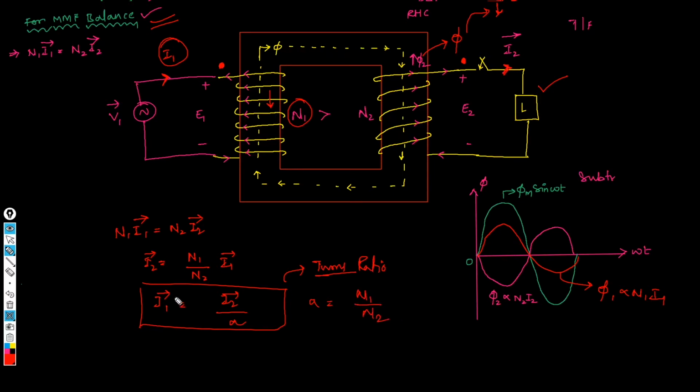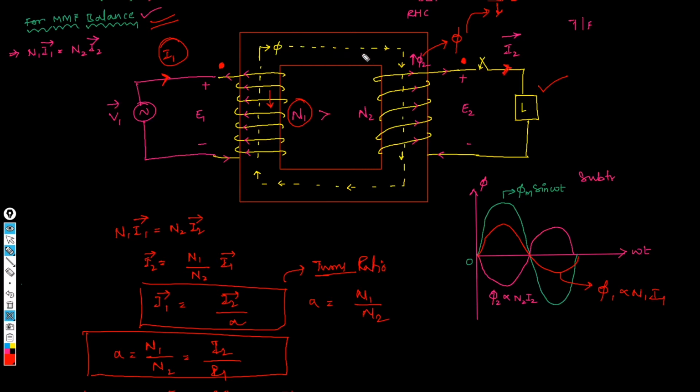So A equals N1 by N2, which equals I2 by I1. I can write it in this way also. It's just mathematical manipulation one needs to understand.